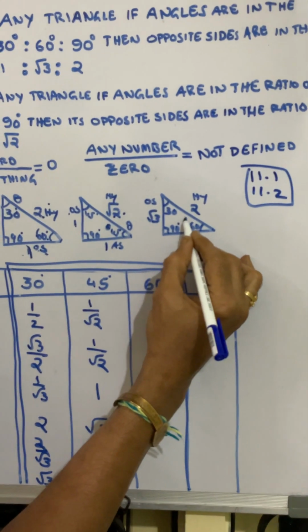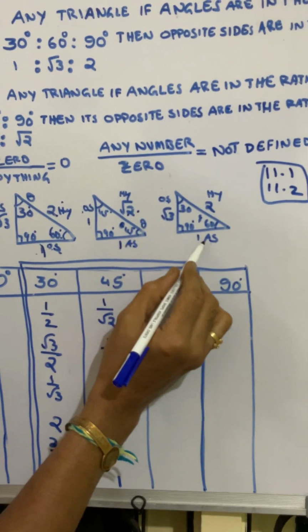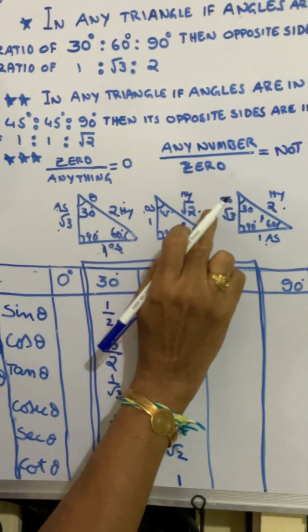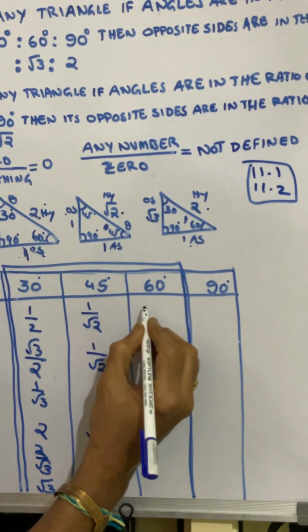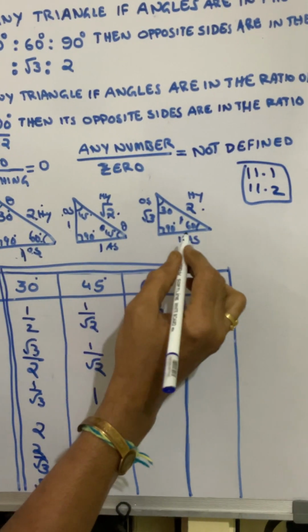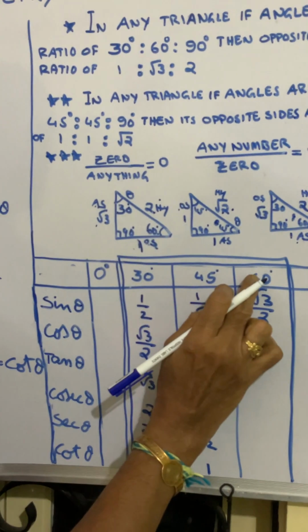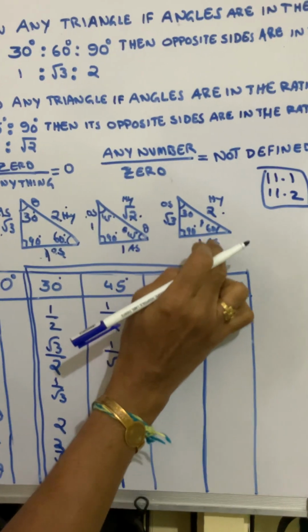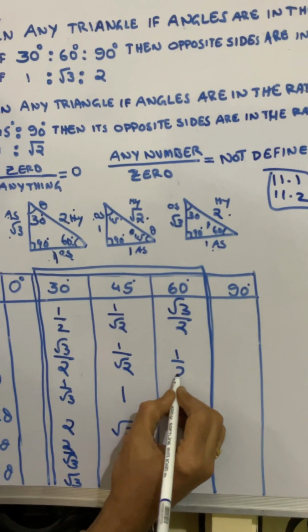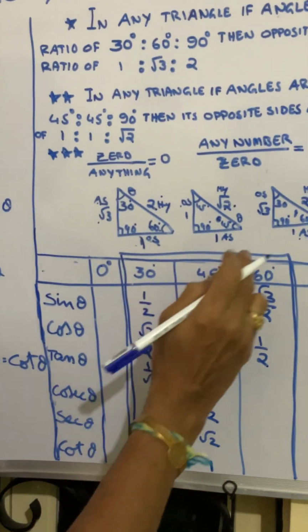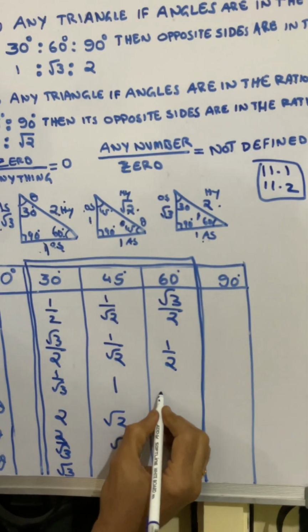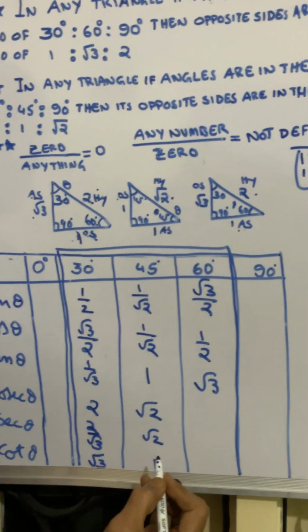When we come to the last column, 60 degrees, if you put theta here, this becomes the opposite side, adjacent side, hypotenuse. Sine theta, opposite side by hypotenuse, becomes root 3 by 2. Cos 60 degrees, adjacent side by hypotenuse, becomes 1 by 2. Tan 60 degrees, opposite side by adjacent side, is root 3.